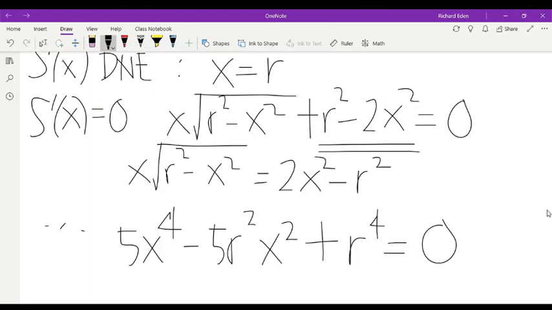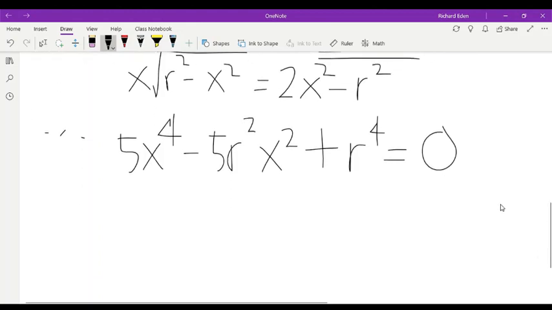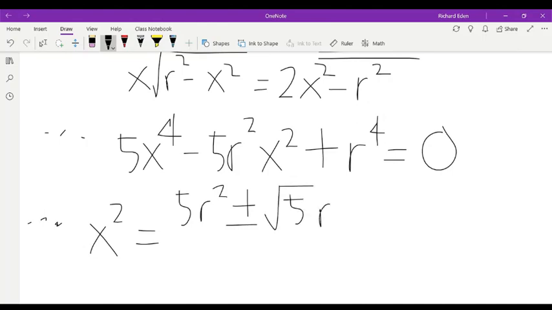Even though it's not exactly quadratic because x is raised to the fourth power, you could treat this as a quadratic function in x squared so that you could still use the quadratic formula. I encourage you to fill in the details. This is going to end up becoming 5 r squared plus or minus the square root of 5 times r squared, all over 10.